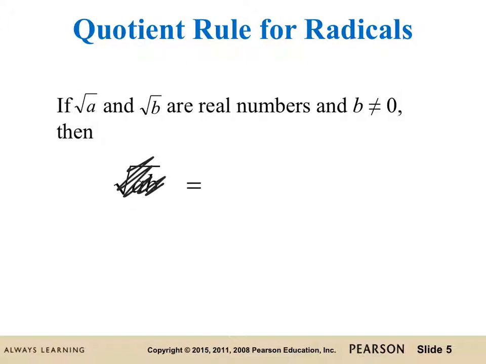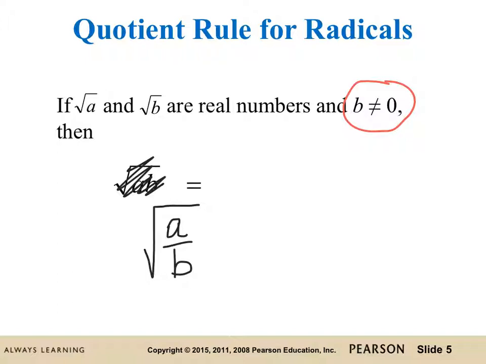What we're trying to find is the square root of A over B. And if A and B are real numbers, as long as B is not equal to 0, that's very important because remember we cannot divide by 0.